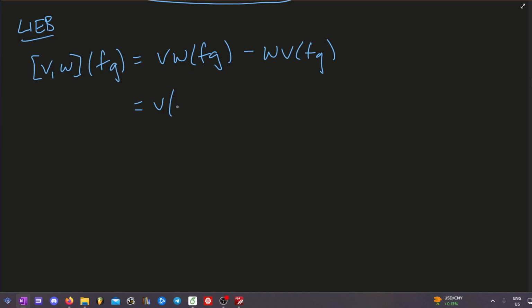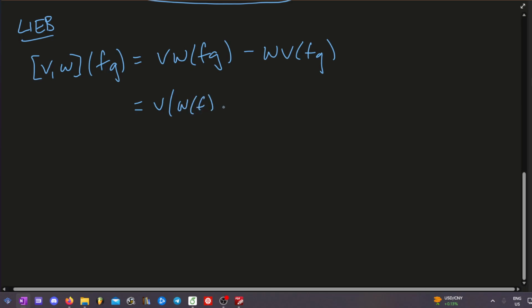w acting on f times g plus f times w acting on g. That's how we'll write it. Minus w. Again, we do the product rule here. So this is going to be v acting on f times g plus f times v acting on g.